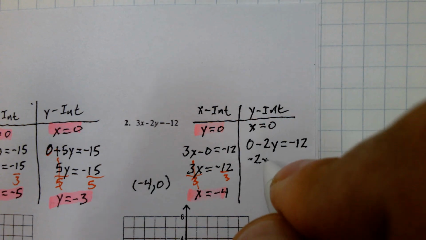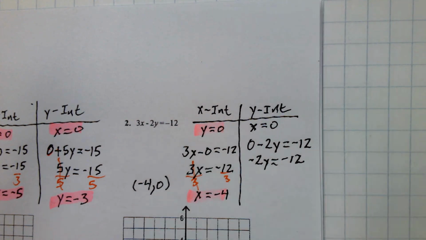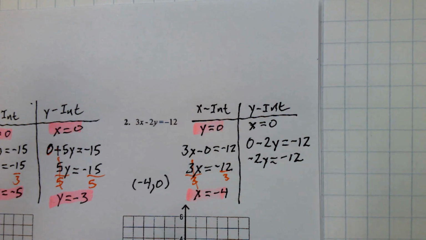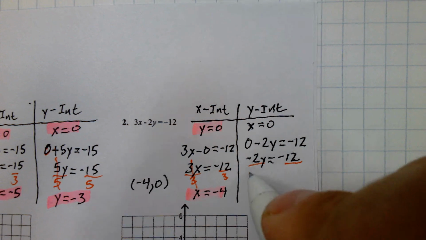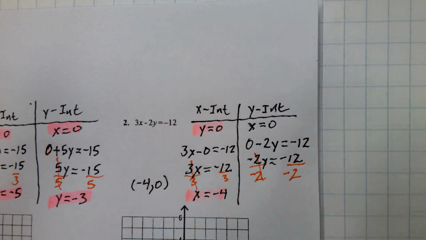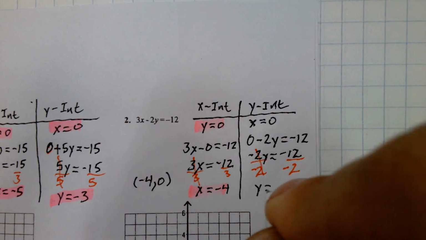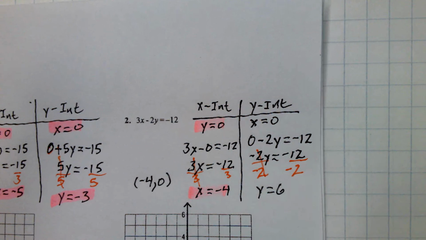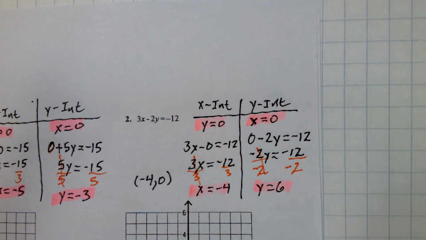Negative 2y equals negative 12. And in case you get stuck, it's a good idea to solve it algebraically by showing that you're dividing by negative 2 on both sides. Because what's y going to equal? 6. So we have our coordinates here. 0 and 6.